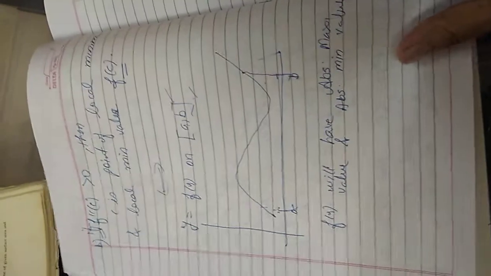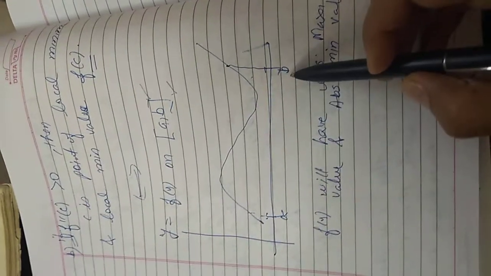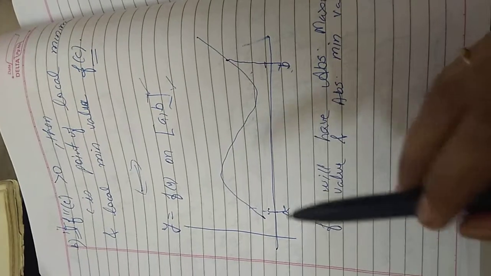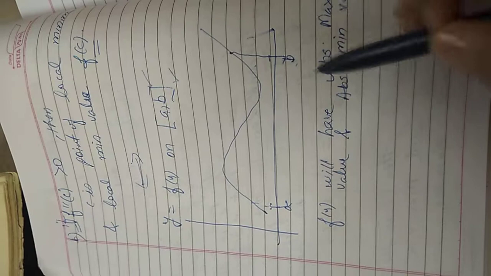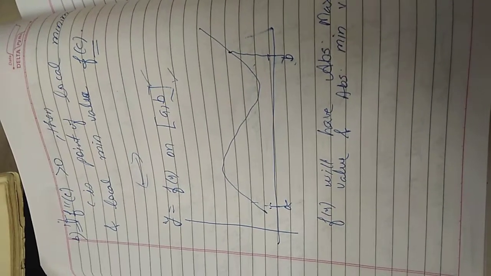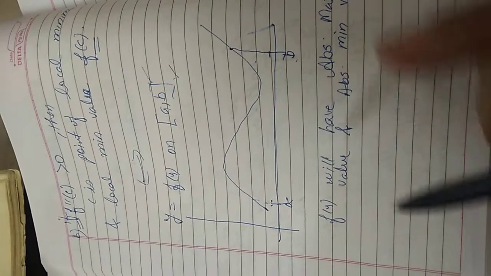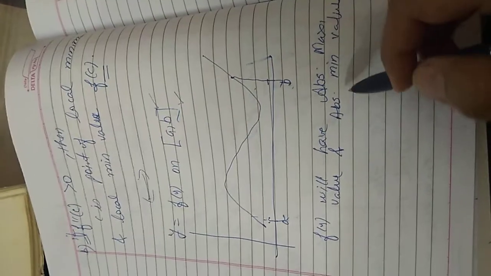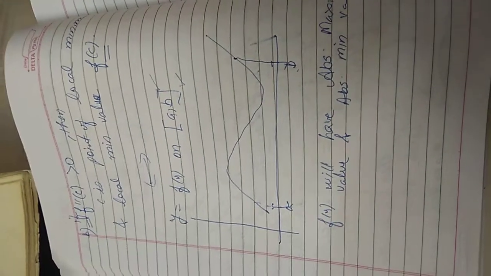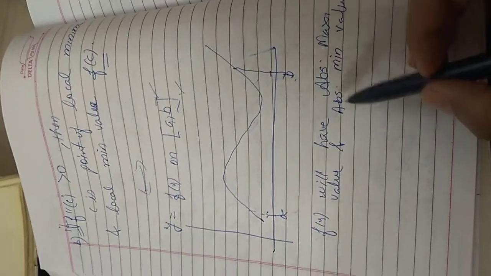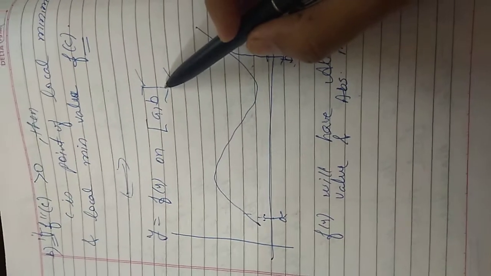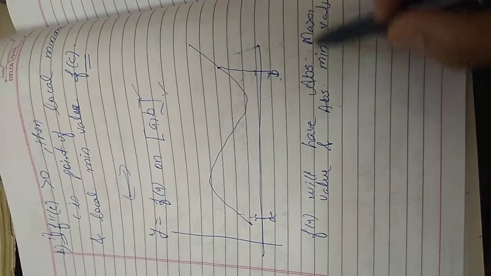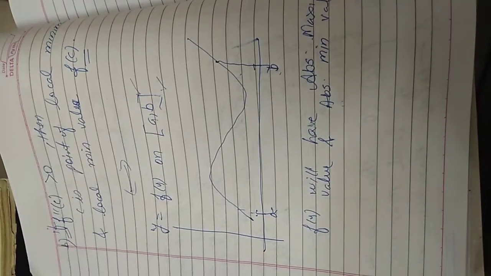Then it will not be the local values, it will be the absolute values, because in the closed interval, the function will always attain at least one maximum value and one minimum value. So there will always be one maximum value and one minimum value for sure, and those will be called absolute. Okay, so whenever the function is given and the interval is given closed, that means we are supposed to find absolute maxima and absolute minima.